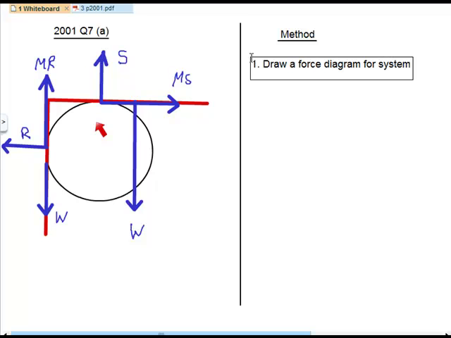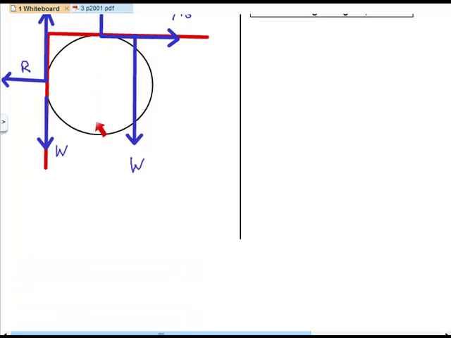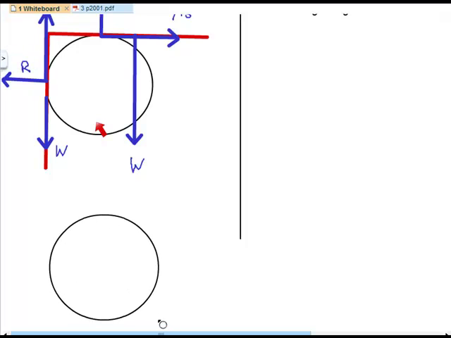Step 2 is also always the same: draw another diagram, but this time with lengths only. We'll do it just below. Briefly, let's draw the peg again.